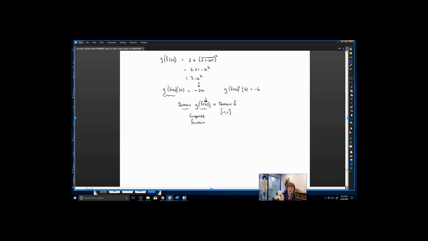But our x value that we've been asked to solve for here is outside the domain of -1 and 1. So therefore, g of f of x dash of 3 doesn't exist.